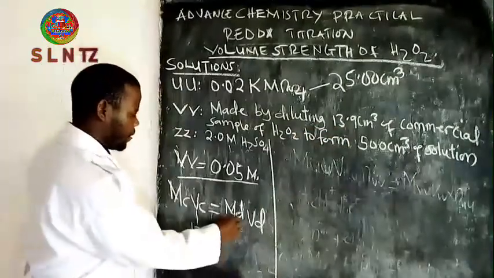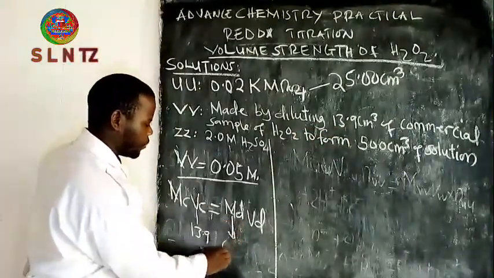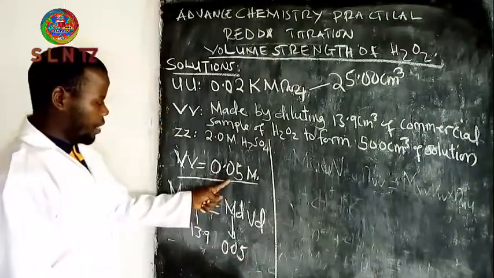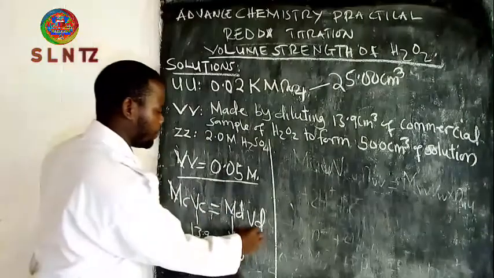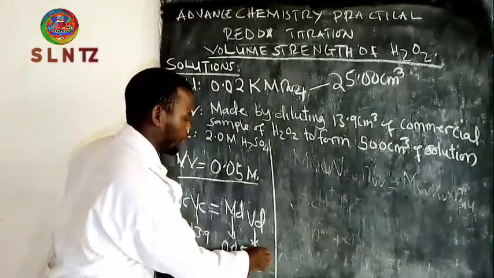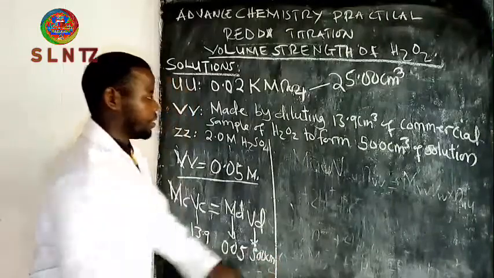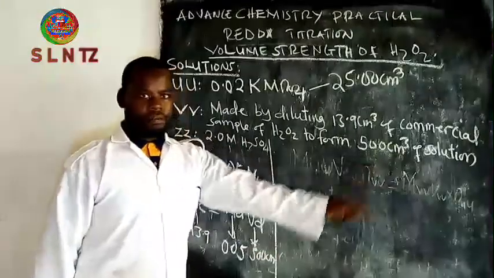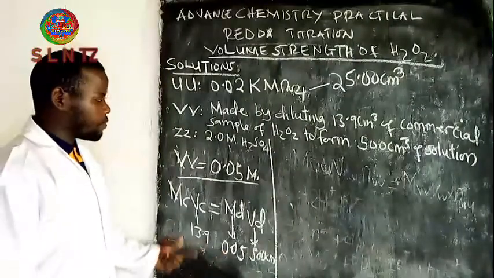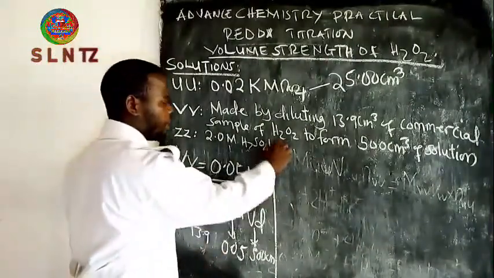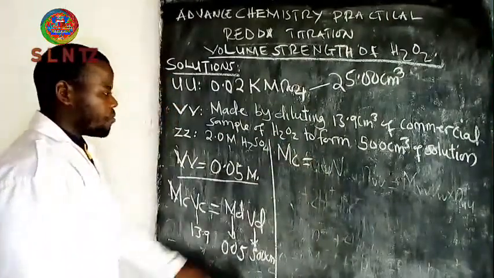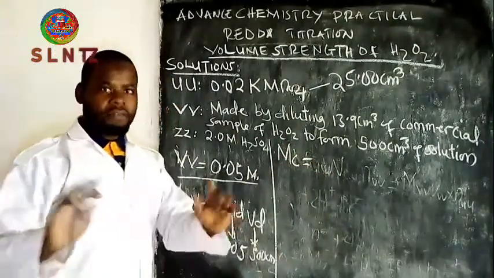And MD is the molarity of 0.05 calculated here. And the volume of D is 500 of this solution. So the data we have is this. We have to calculate MC, the molarity of the commercial sample. Without this, you can't find the volume strength.